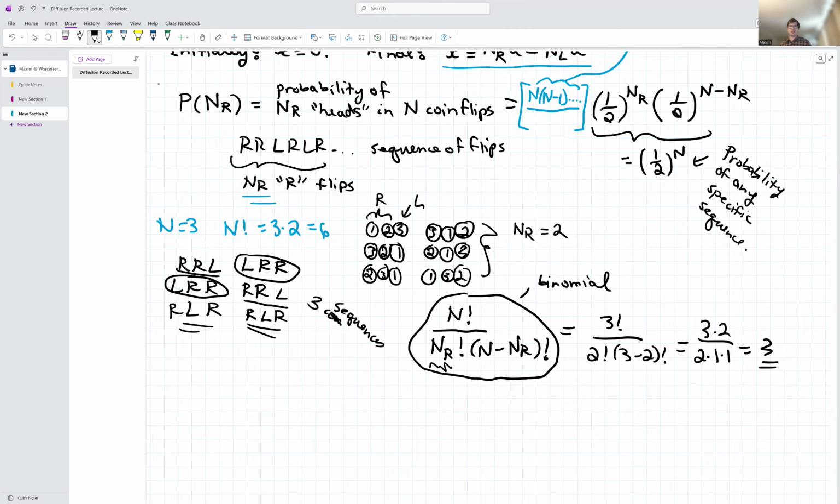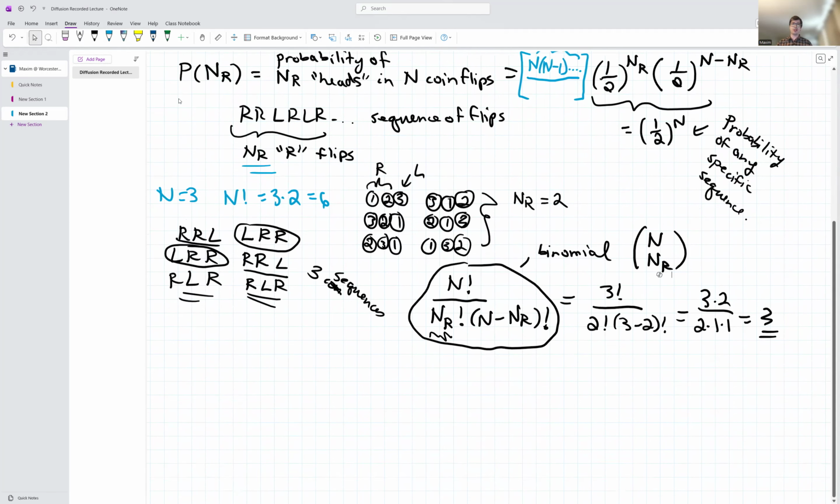There's a special notation for this. Maybe you've seen it, maybe not. It's this binomial coefficient notation. It says that out of n total objects, it's the number of ways of choosing n sub r of them to be a certain type, like to the right. That's just the notation for this coefficient.